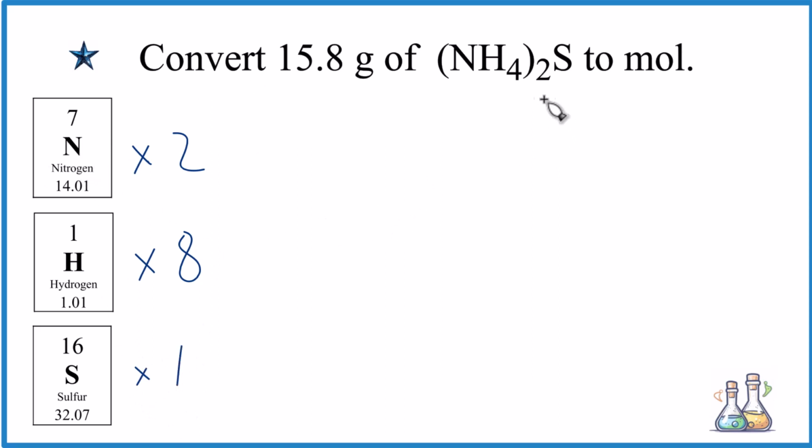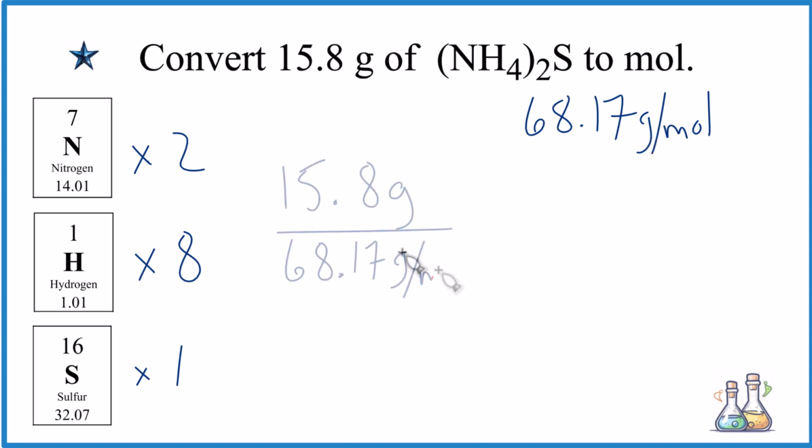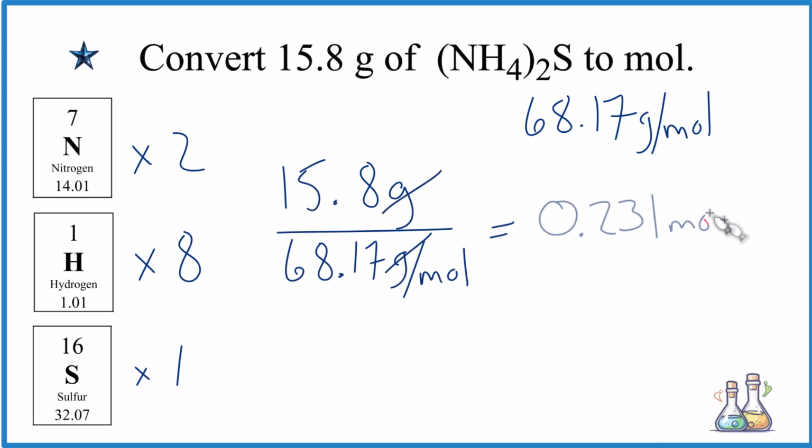Multiply, add them up. The molar mass for this ammonium sulfide is 68.17, and remember, grams per mole. Those are the units for molar mass. So we just divide grams by the molar mass. Grams cancel out, and we get 0.231 moles of our ammonium sulfide.